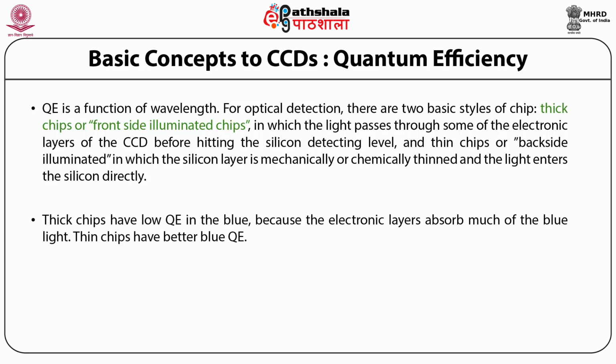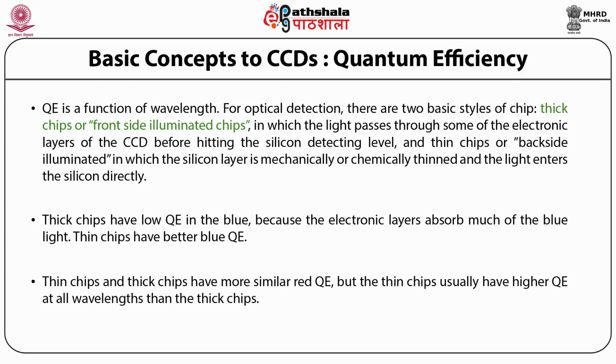Thick chips have low quantum efficiency in the blue because the electronic layers absorb much of the blue light. Thin chips have better blue quantum efficiency. Thin chips and thick chips have more similar red quantum efficiency, but the thin chips usually have higher quantum efficiency at all wavelengths than the thick chips.